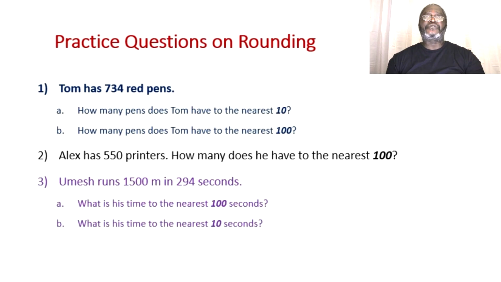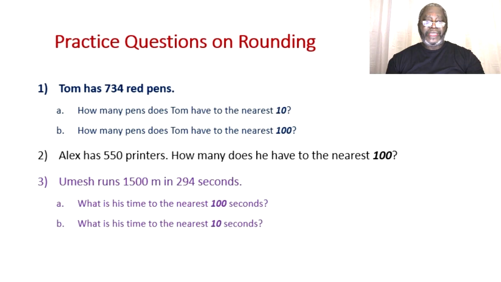Here are some practice questions. I'll read them through, and I'll leave you to work on them to sharpen your skills or your knowledge of rounding. 1a. Tom has 734 red pens. How many pens does Tom have to the nearest 10?